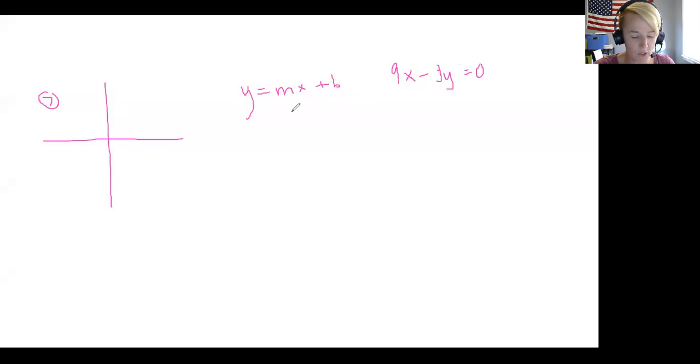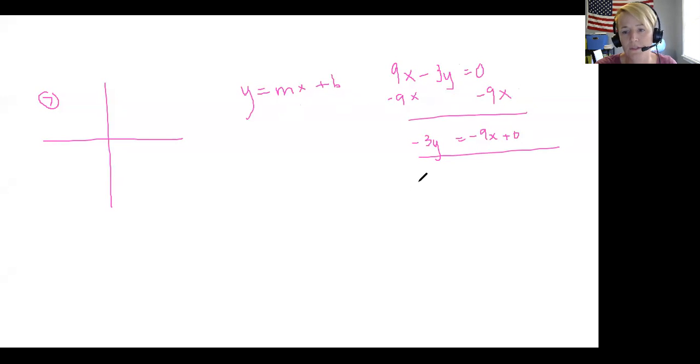You want to get that into y equals mx plus b form. So just move over your 9x. And once you have the 9x over, then you have negative 3y equals negative 9x plus 0. Divide by negative 3, divide by negative 3. Here you're going to end up with y equals 3x plus 0.